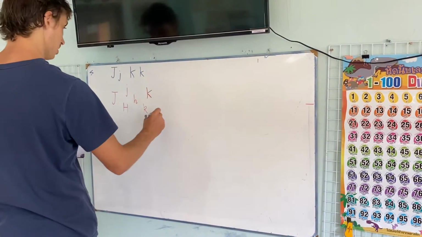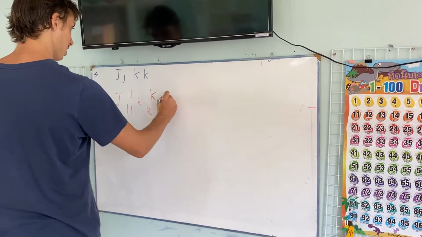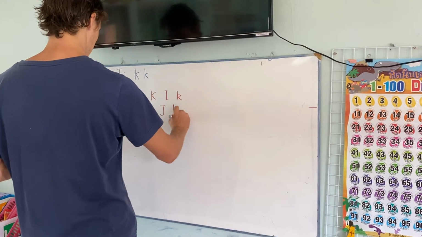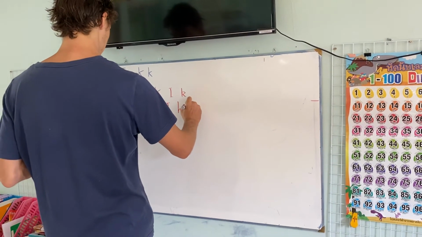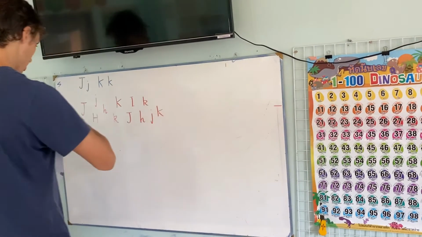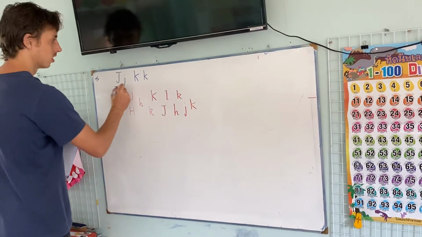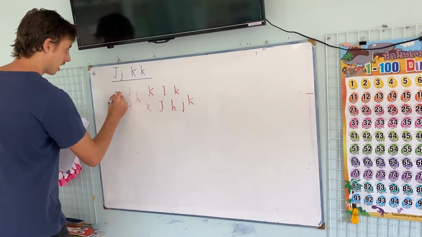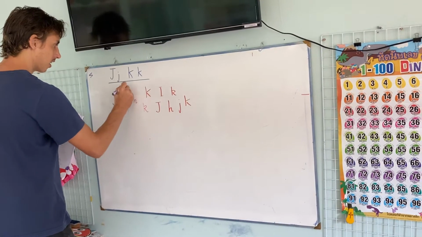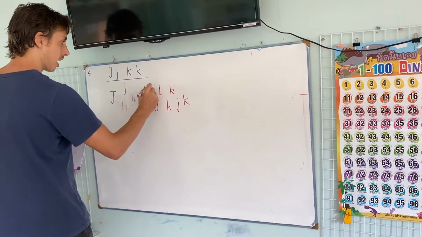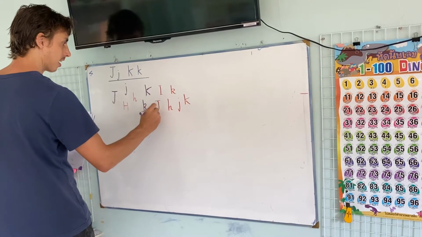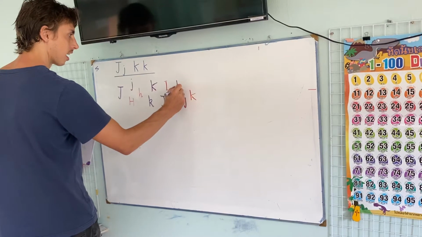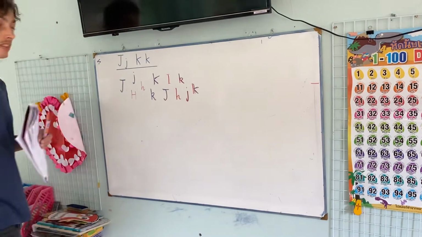So we have to look for these here. And when we see it, we trace it. There's a J, J, K, K, J, J, K, K. Here we go, that's it.